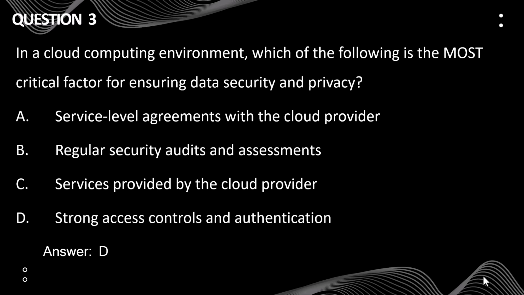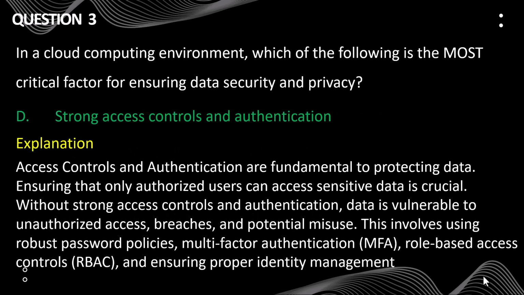They are important for securing data in the cloud environments. However, the most critical factor to be considered is strong access controls and authentication. So even with encryption, if an unauthorized user gains access, then that data is vulnerable. So we're going with option D.